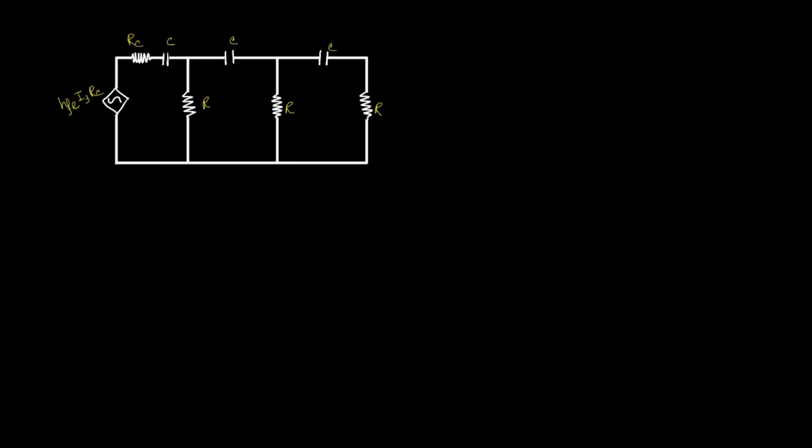Now from this circuit we get three KVL equations for the currents I1, I2, and I3.